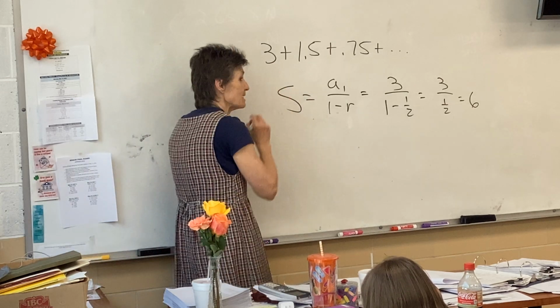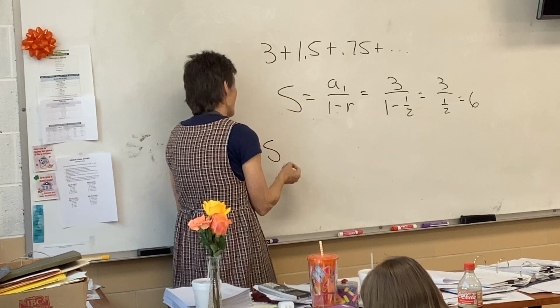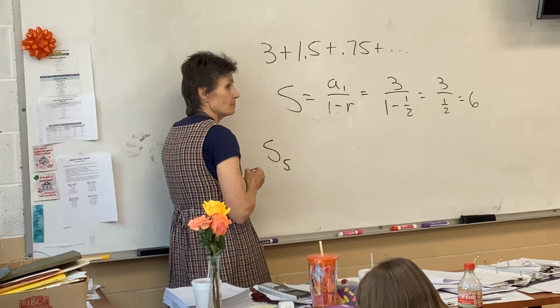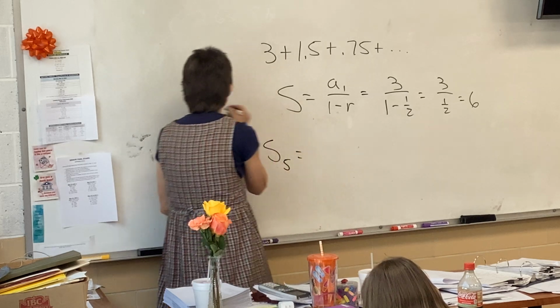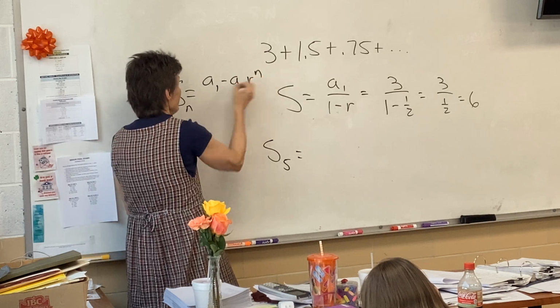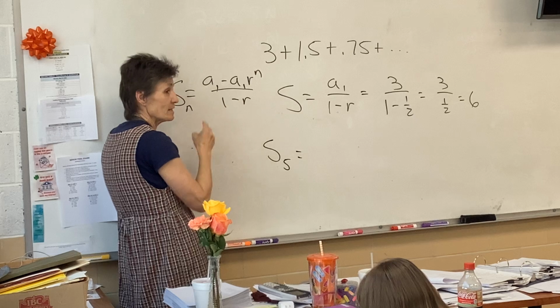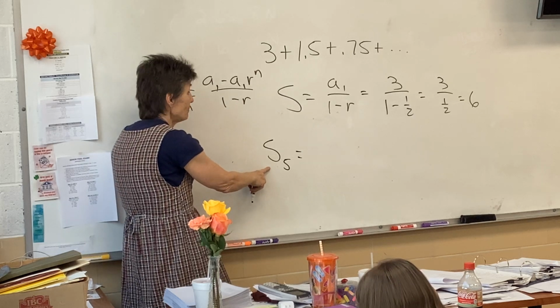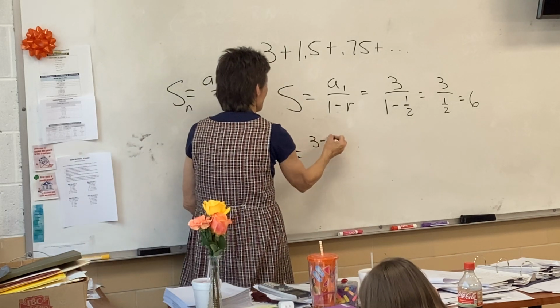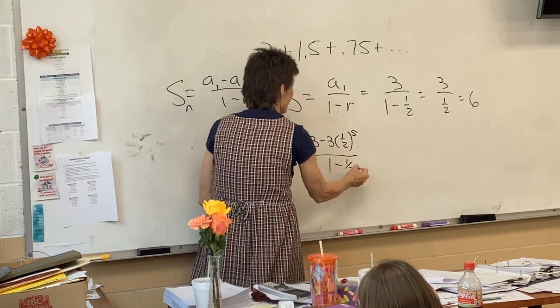If we took that sequence and said, find the sum of the first 5, then you would use your other geometric formula. Same sequence, but now I'm adding up 5 of them. So that would be 3 minus 3 times a half to the 5th over 1 minus a half.